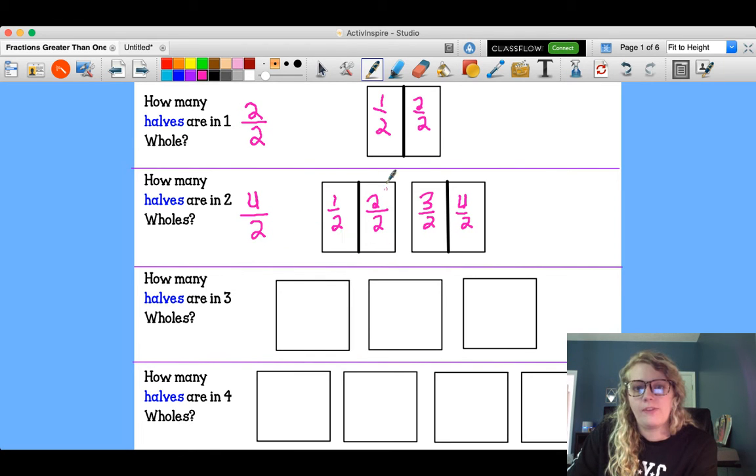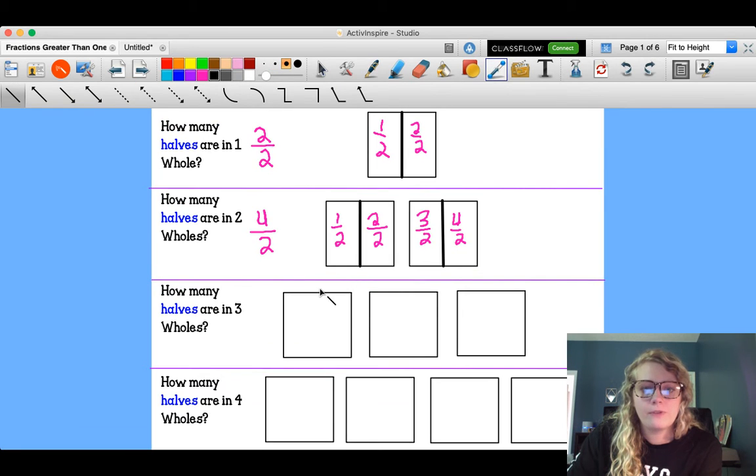Because don't forget, we can still see those 2 whole squares. So just because it's been partitioned does not mean it's not the whole thing. It's still there. How many halves are in 3 wholes? Let's partition my 3 wholes in half. And then again, same thing, starting with my first whole.